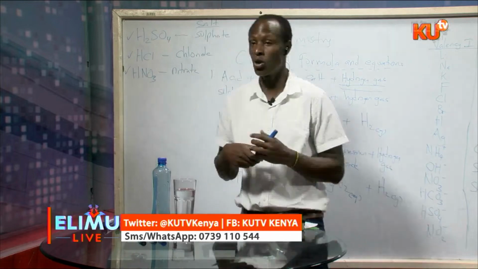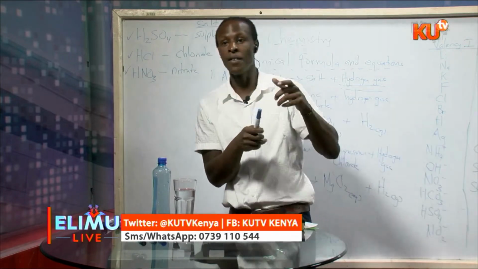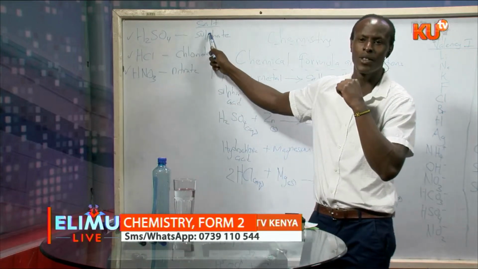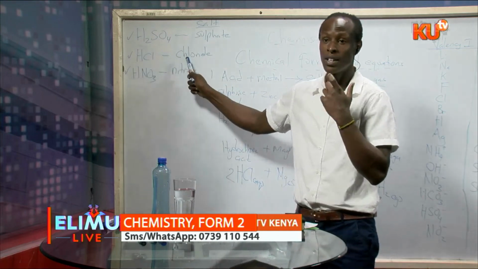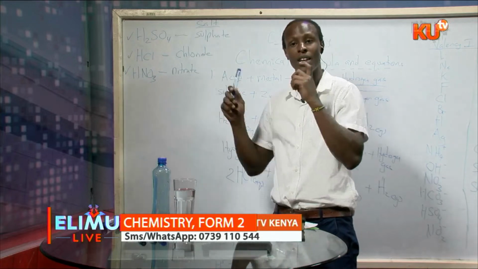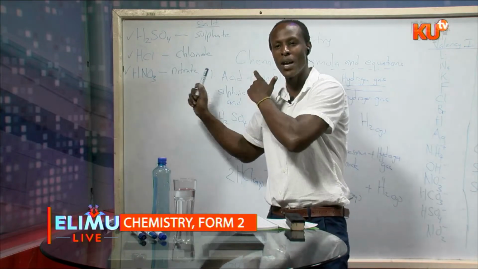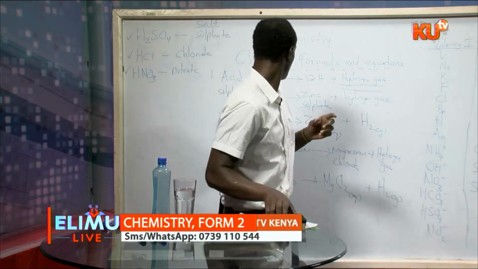Remember, your products will always be a salt and water. How do you get the name of the salt? If the acid is sulfuric, the salt must have the word sulphate. If the acid is hydrochloric, the salt must have the word chloride. And if the acid is nitric, the salt should have the name nitrate. That's acid plus metal.